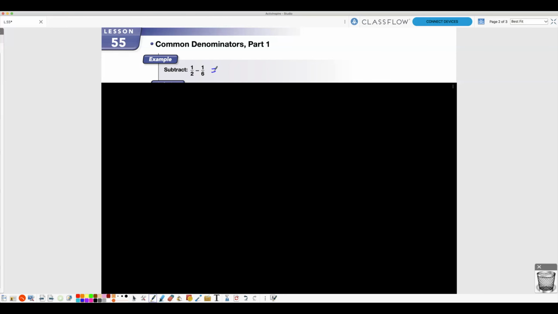It looks to me like we could leave the 6th as the denominator for this one, keep that 1/6, because 1/2 can be renamed to something with the denominator of 6 pretty easily. If you look at it like this, 1/2 equals something with a denominator of 6.